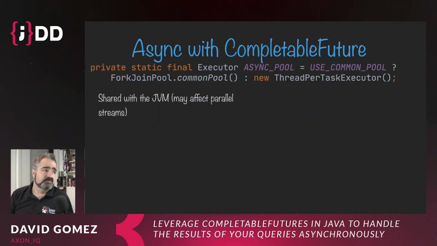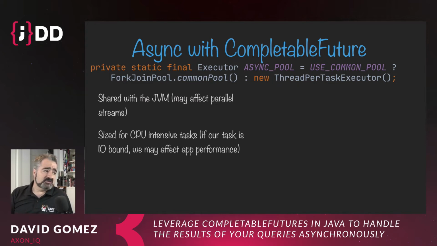Basically, the common fork join pool is a pool that is shared with the rest of the JVM. So using this pool for submitting our asynchronous tasks that may be asking some external system may indeed be affecting some other parts of our code, particularly the parallel streams in Java 8, which are using the common fork join pool. So we may be impacting the performance of any other place in which we are using parallel streams in our application.